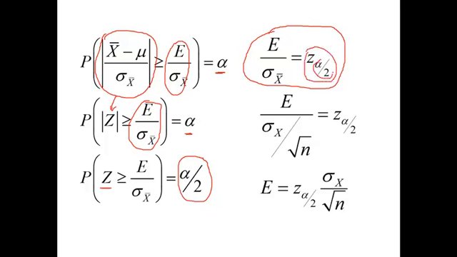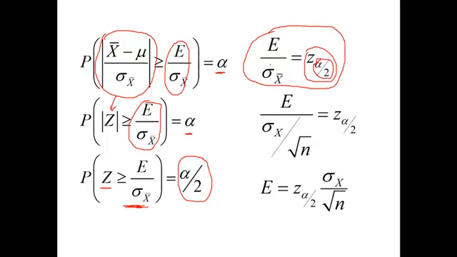So this is exactly the point at which the probability beyond that point is alpha over 2. This is the value of my alpha over 2 tail. Okay, and remember, I'm dividing the alpha over 2. I'm not dividing the z by 2. I'm dividing the alpha by 2.